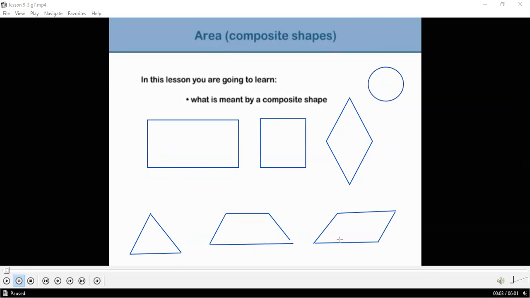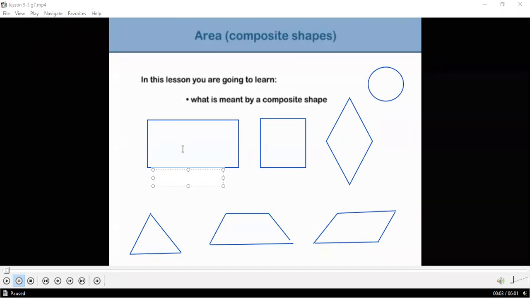We studied before how we can calculate the area of each figure, right? We studied this year and last year how we calculate the area of each figure. Can anyone remind me, what is the area of a rectangle?